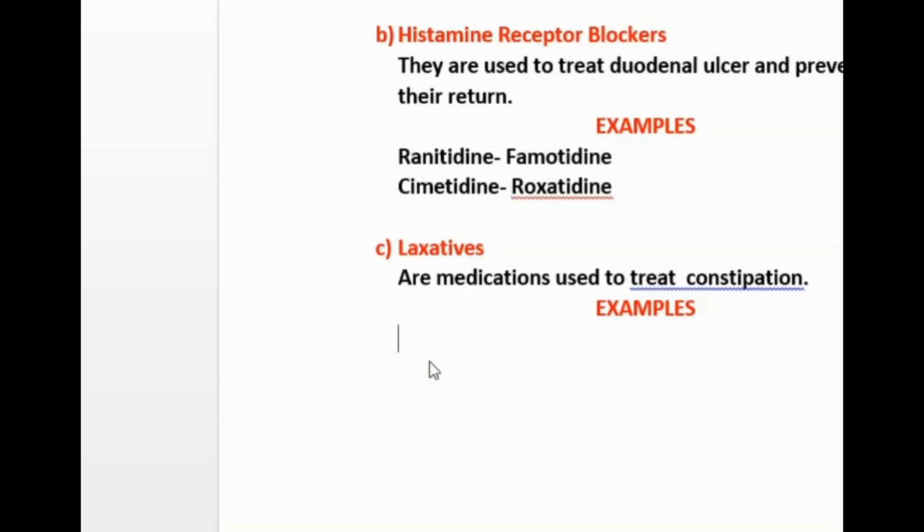The first one is bisacodyl. The second one is senna. The third is magnesium sulfate. The fourth is lactulose.